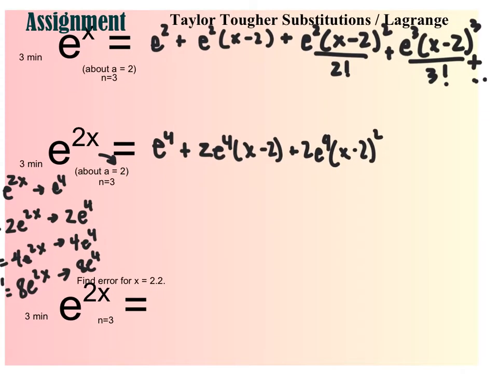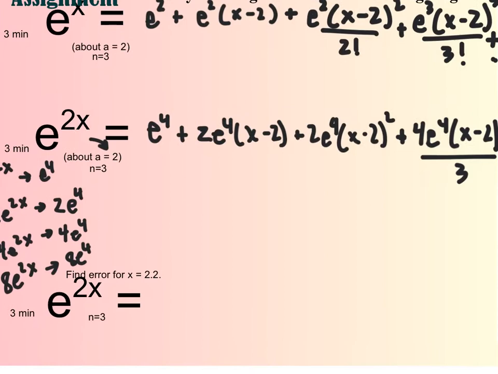And then my final term would be plus 8e to the fourth times x minus 2 cubed over 3 factorial. If I divide by 3 factorial, that's like 3 times 2 times 1, so this would become a 4, and that would become a 3. So there's my third degree polynomial centered at 2. It looks like in the third part it wants me to find an error for 2.2.